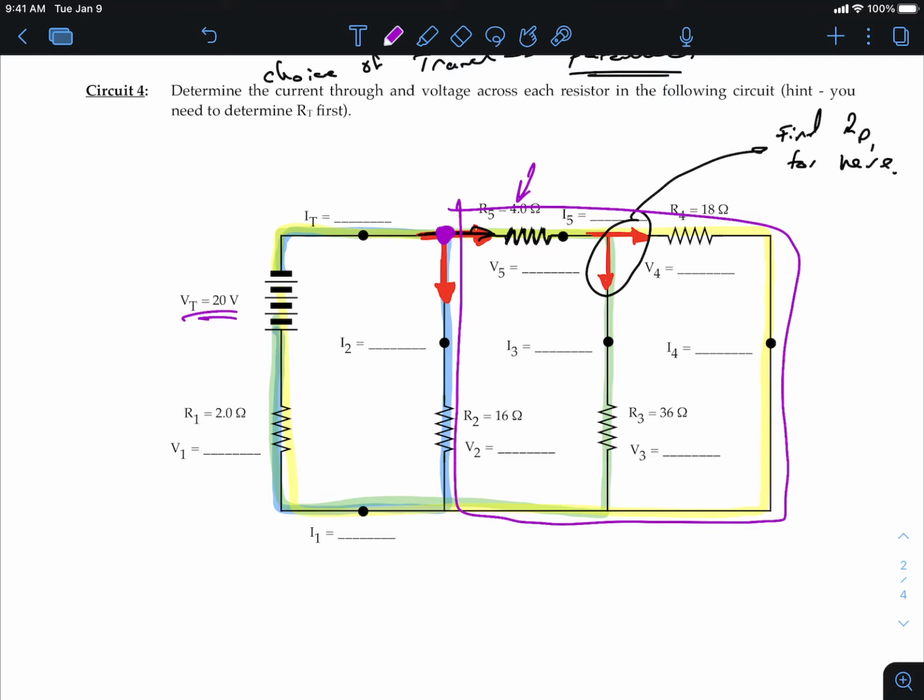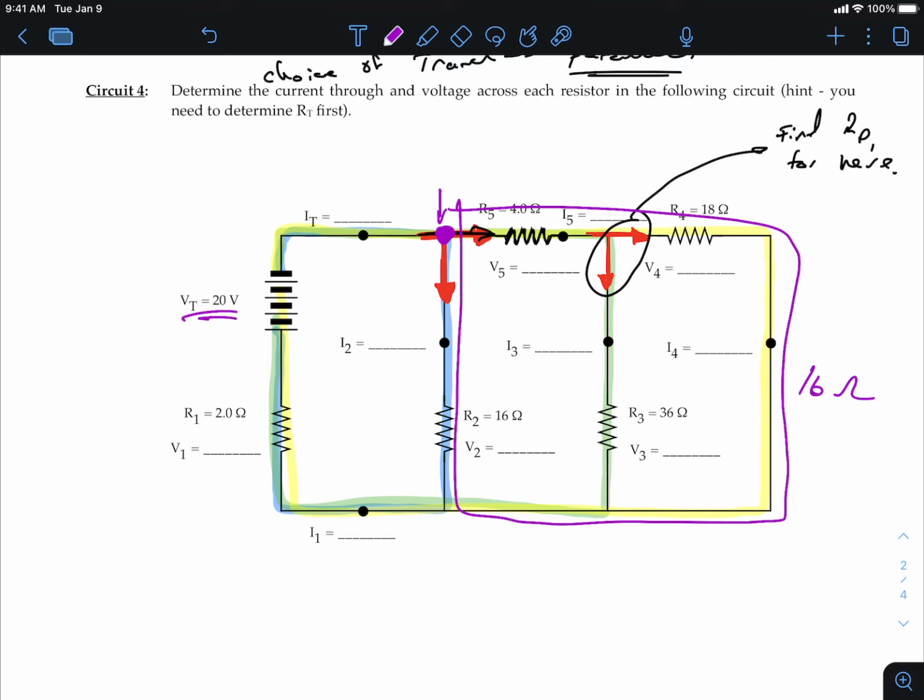So you guys know, this point right here is a decision point. And so we have to do our equivalent resistance for parallel circuits again. But this time, the electrons full well know that if I take the route in the purple box, I'm going to experience 16 ohms of resistance.